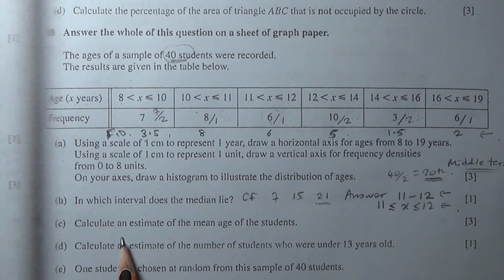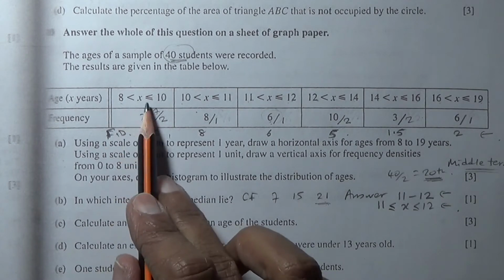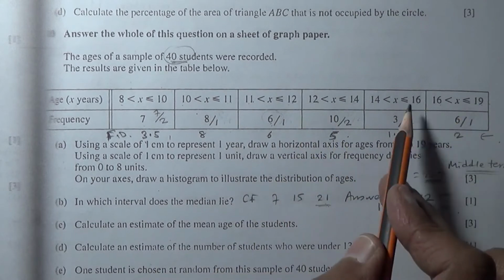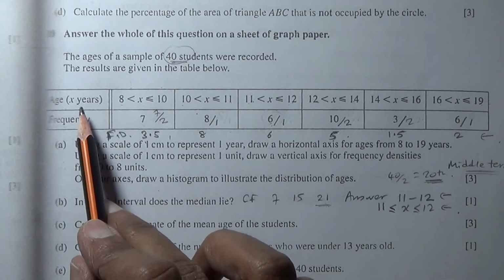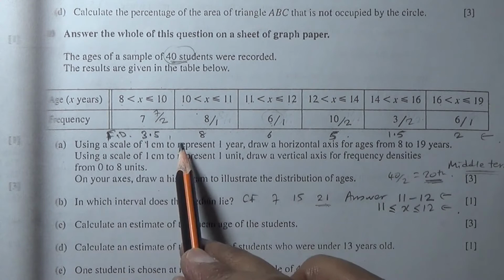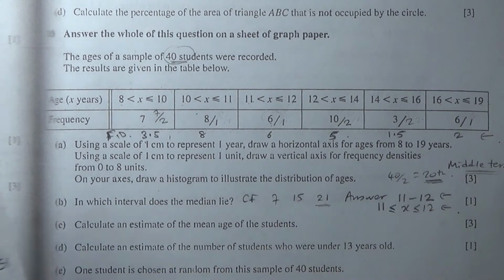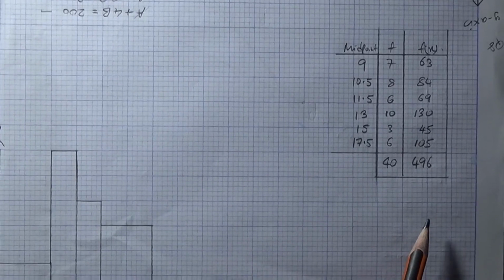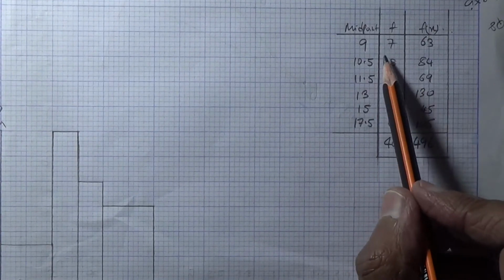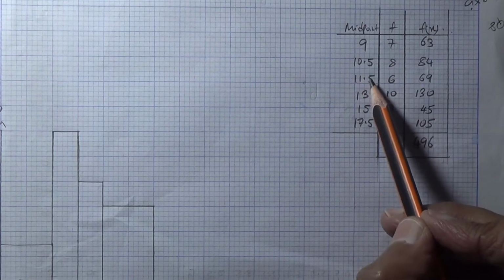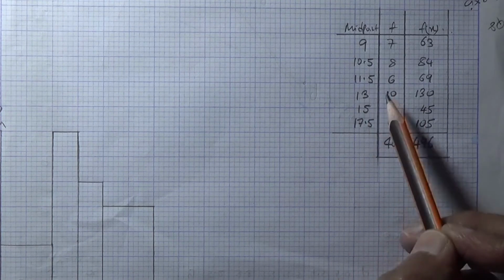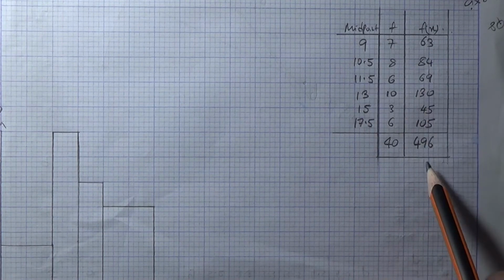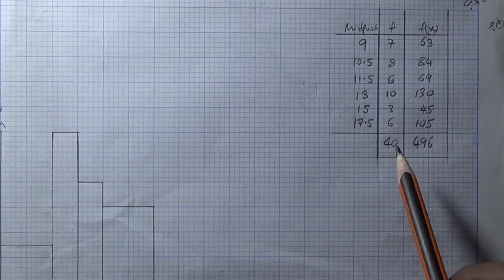Now, for an estimate of the mean, we're going to take the midpoint of each of these class intervals, multiply by the frequency, and calculate the total. So this is what we've come up with by taking the midpoint. Here we go, 9, 10.5, 11.5, 13, 15, and so on. Then we take x and multiply these out, we get these values, these totals.